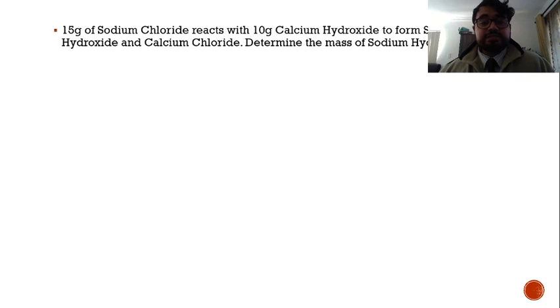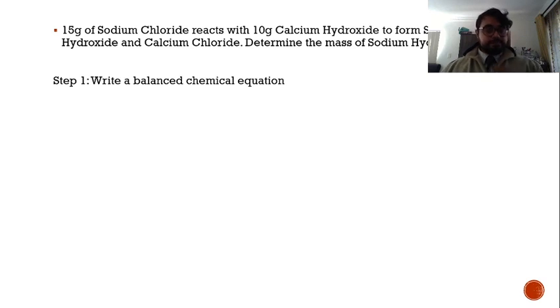We have calcium hydroxide, which is Ca(OH)2, to form sodium hydroxide, which is NaOH. And we have calcium chloride, which is CaCl2. And they want us to determine the mass of sodium hydroxide only, because the question says we have two products, okay? So we only want the mass of one product.